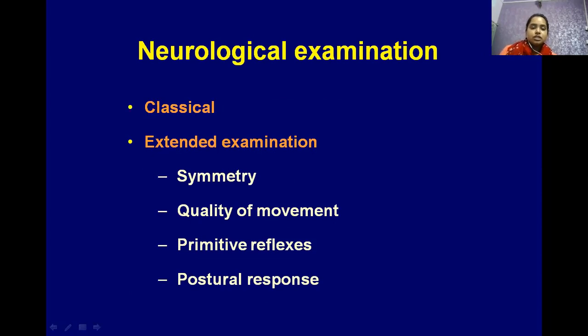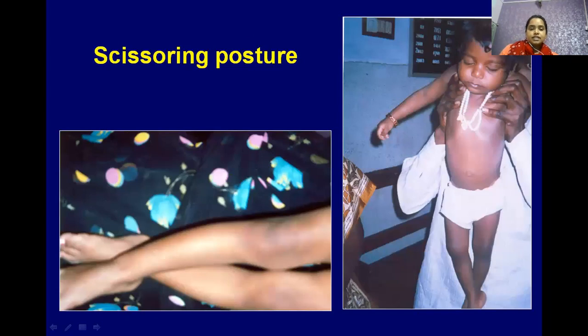Neurological examination is first the classical, and second the extended examination. Extended examination covers symmetry, quality of movement, primitive reflexes, and postural response. It is important. Now, it is the Caesar's leg, which is very important.